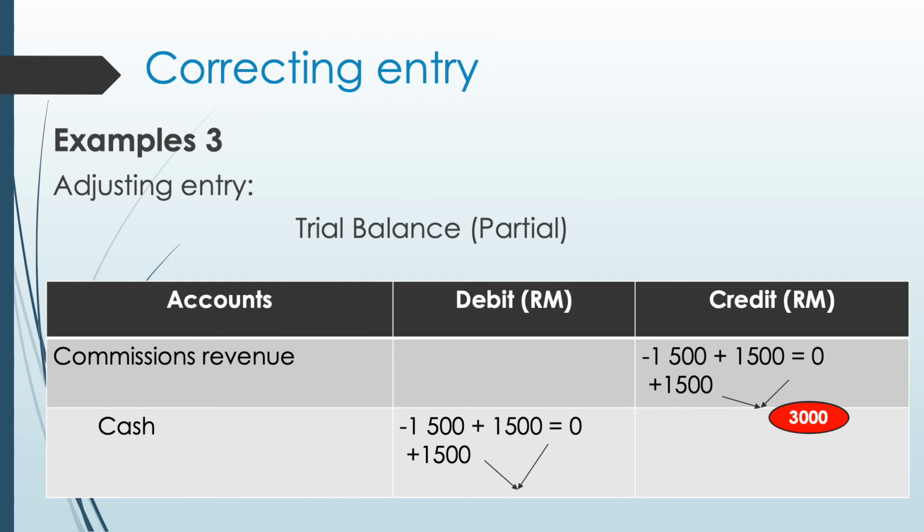Cash, we wrongly credited. So, when we debited, we write with the minus sign. To cancel the amount to become zero, we have to debit 1,500. To write the correct amount, we debit another 1,500. Therefore, total amount debited will be 3,000 ringgit.